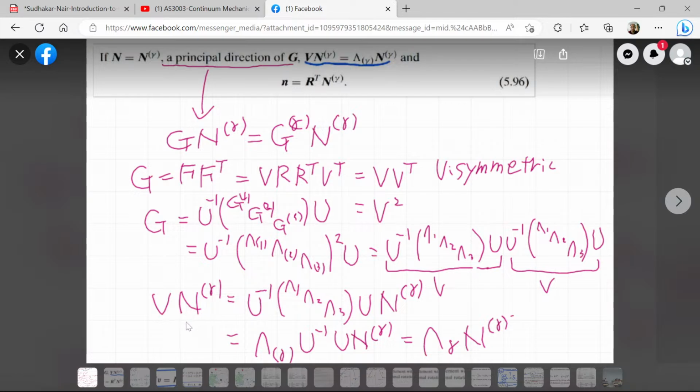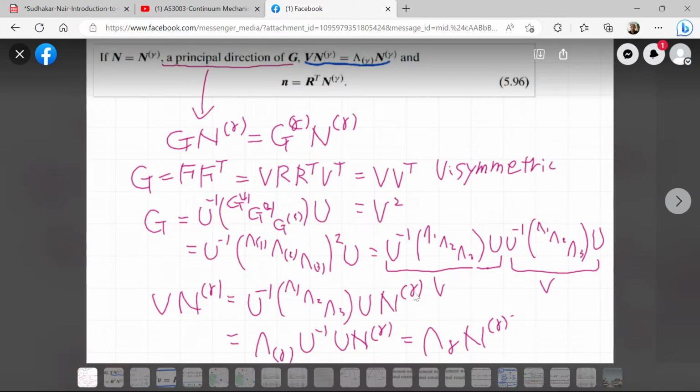This eigenvector is eigenvector for G. So then V matrix looks like U inverse diagonal times U, which is multiplied by eigenvector n, right? Like last time, this can be 100 or 010 or 001.